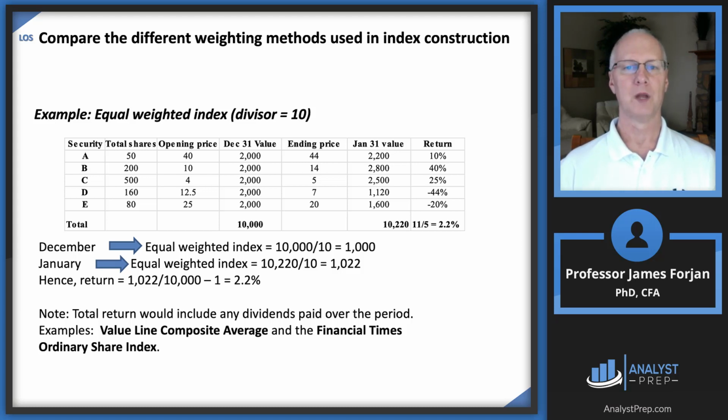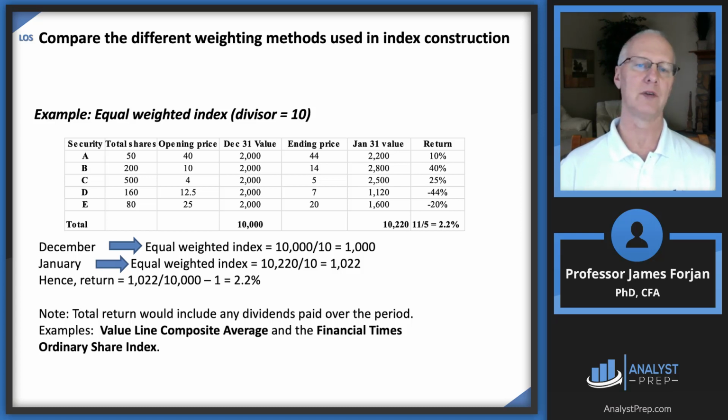So at the end of December, our equal weighted index is the total value at the end of December 31st, which is 10,000, divided by the divisor of 10. Look up at the top, there's the divisor of 10, so that's 1,000. And then at the end of January, the values sum to 10,220, divided by 10 gives us 1,022.